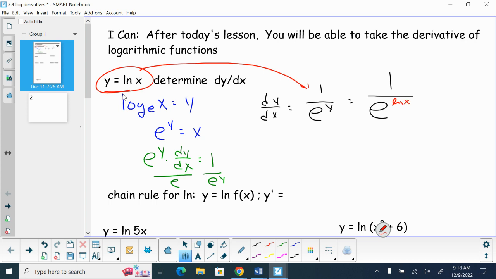So we have 1 over e to the ln of x. Well, e to the ln of x is equal to what? x. So when we have y is equal to ln of x, the derivative of the ln of x is 1 over x.